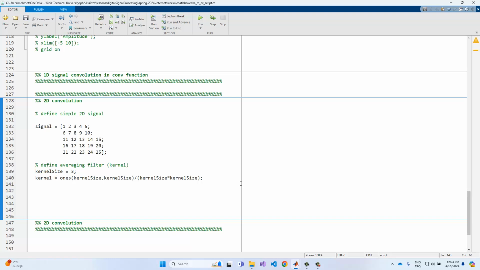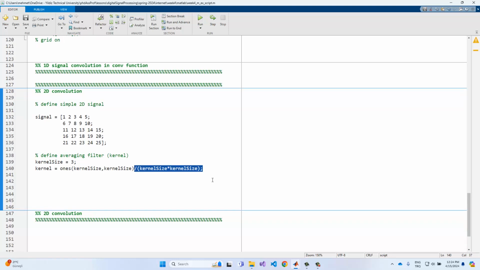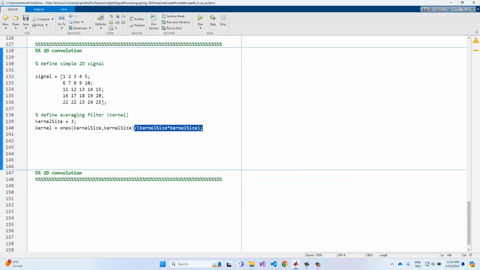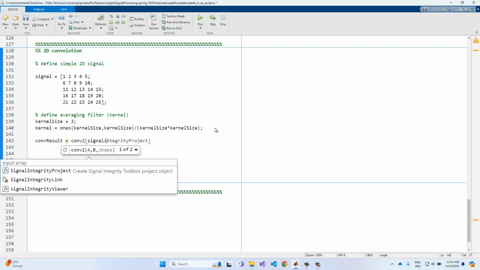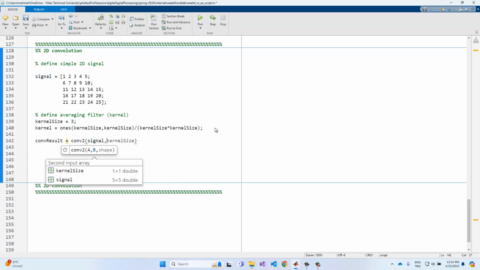The division operation is directly related to our normalization operation for the averaging pattern, okay. So for the convolution results we should give the conv to the signal and the kernel, okay.